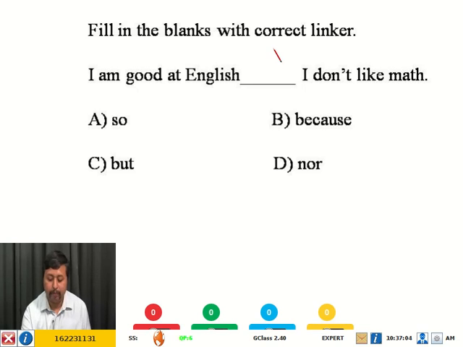So it's time up. And the right answer is what? You all have marked the thing.